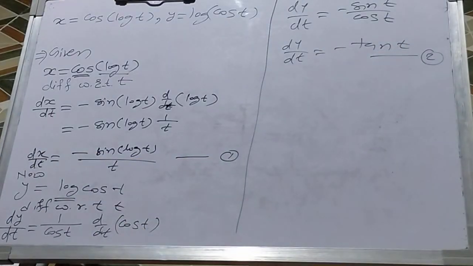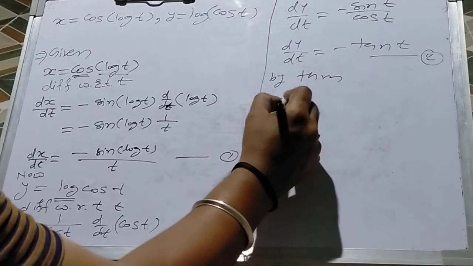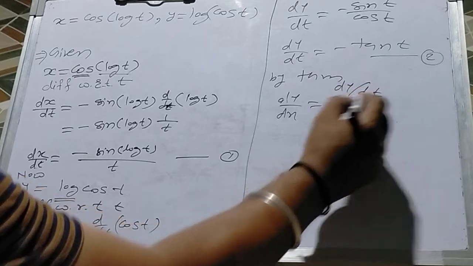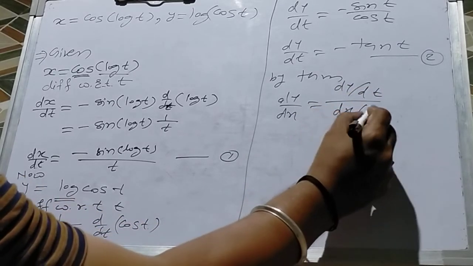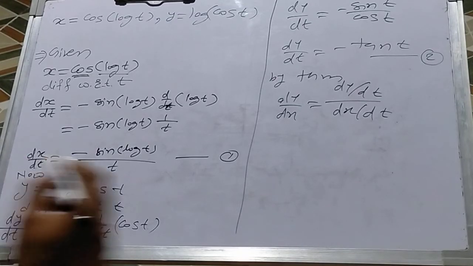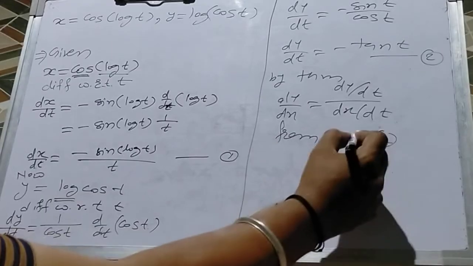Now by the theorem, dy by dx is equal to dy by dt divided by dx by dt. Now put the value of dy by dt and dx by dt from 1 and 2.